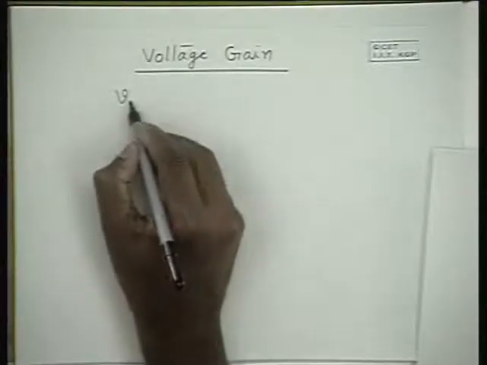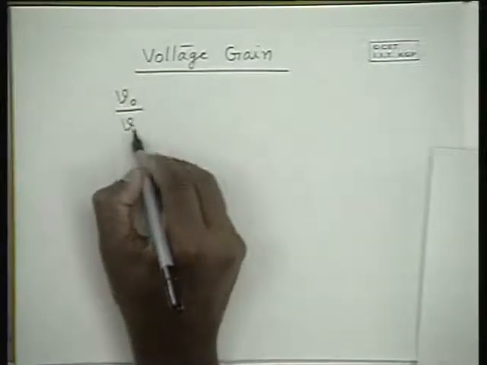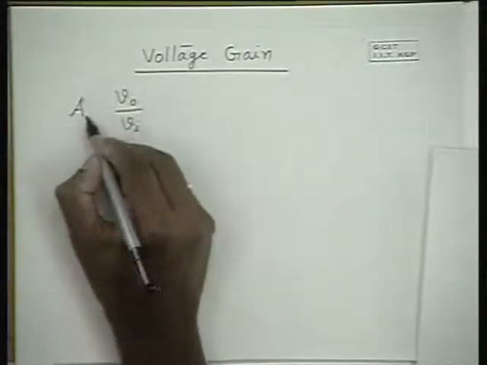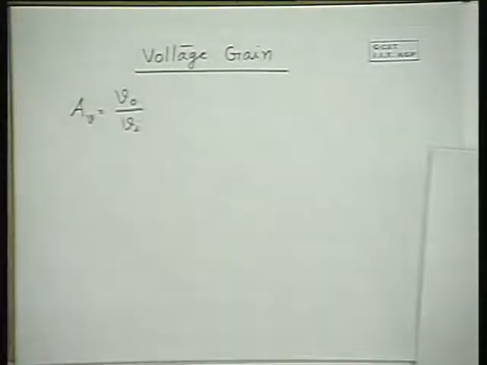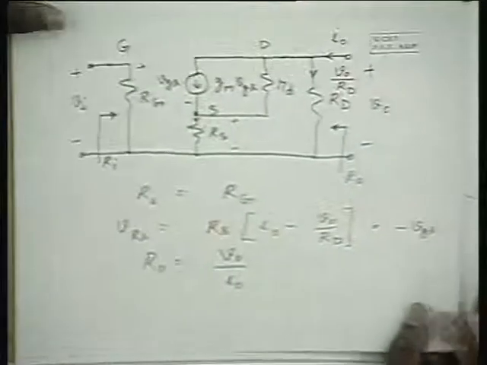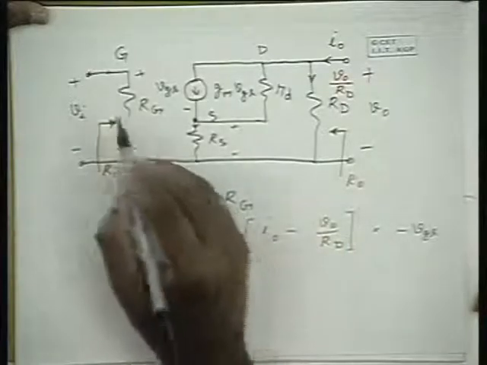So voltage gain is, when you apply an input, if the output voltage is V naught and the input is Vi, the ratio is the voltage gain, and that can be obtained by analyzing the circuit.